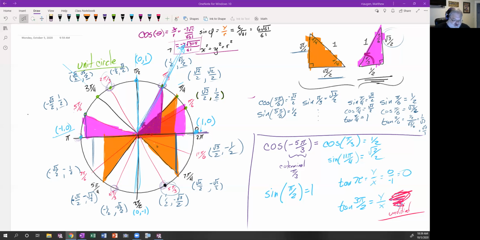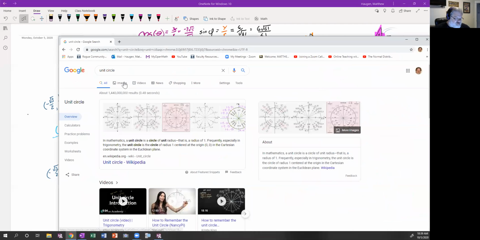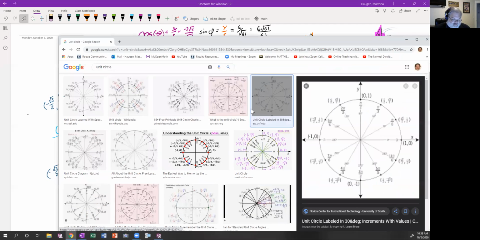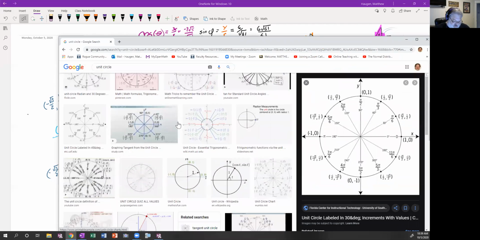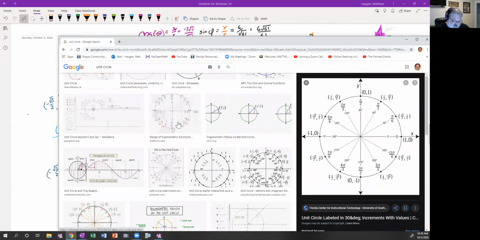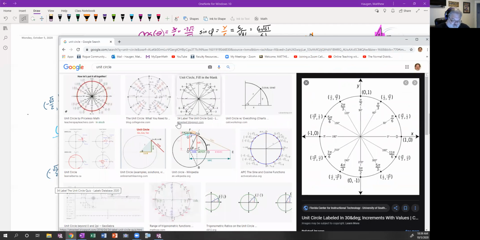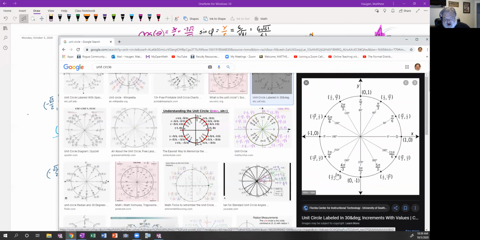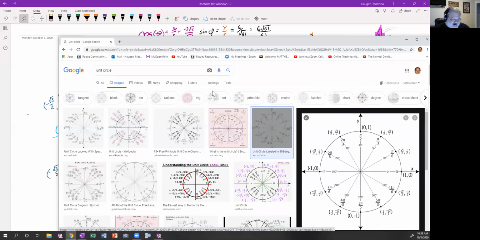But also, if you go and Google unit circle, you can grab bunches of these in all kinds of different decorations. I mean, some of these are a little bland. Oh, that's a cool diagram. We'll talk about that later. But anyway, you can grab some nice unit circles. Your text has some unit circles in it.